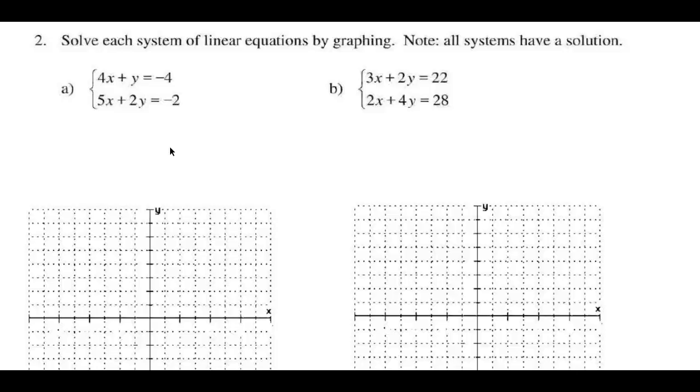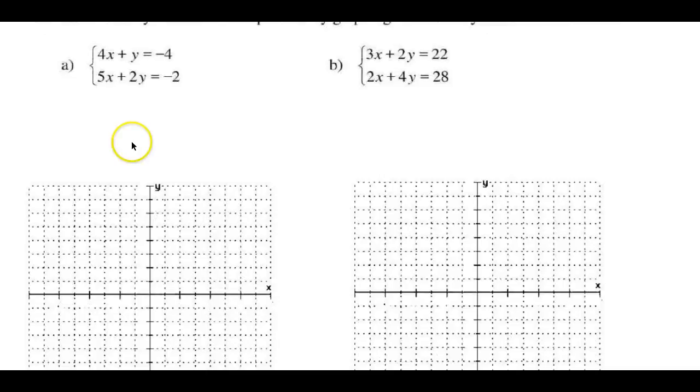You sort of get an idea if they're going to intersect somewhere. But the use of graph paper, and then your MathLab graph, which is excellent, will help you with the solving of this. So what we have to do is determine what method we're going to use to solve these.